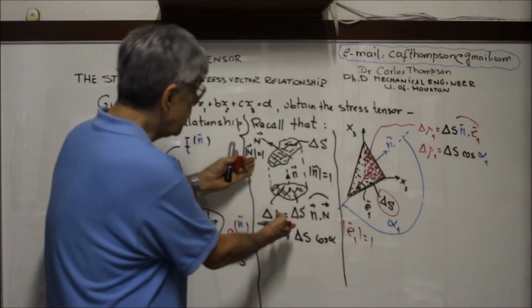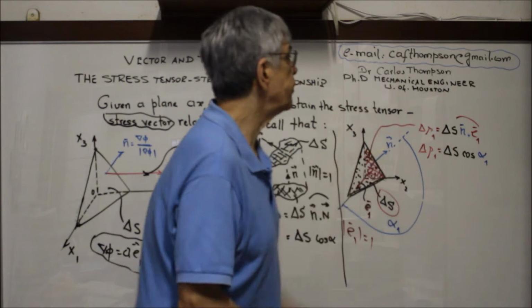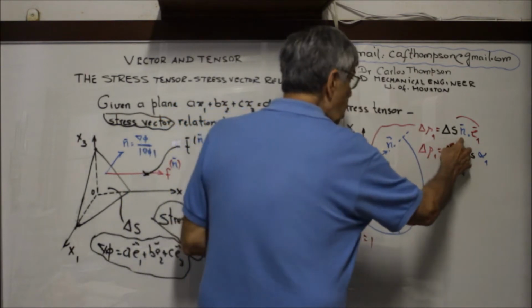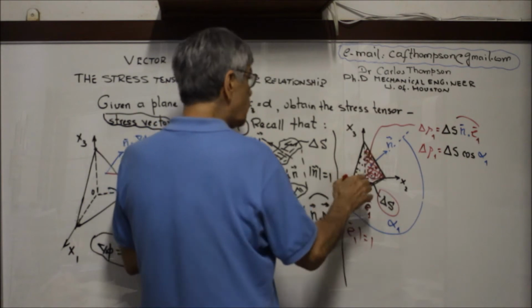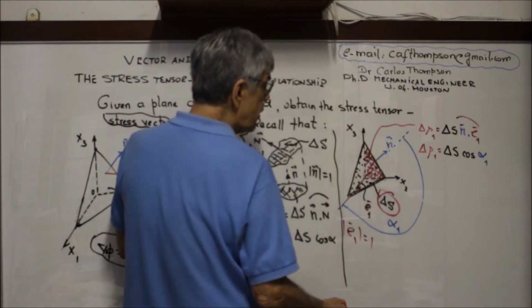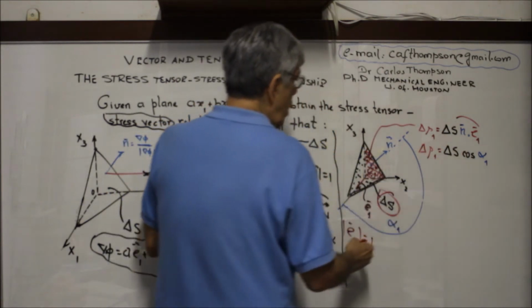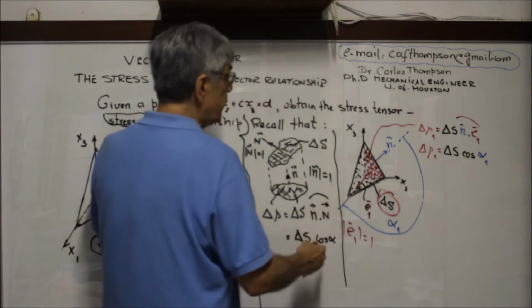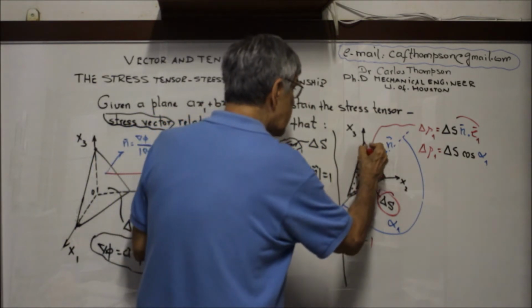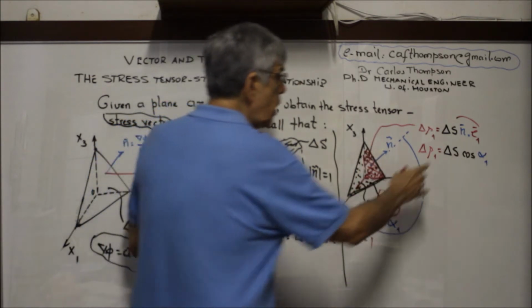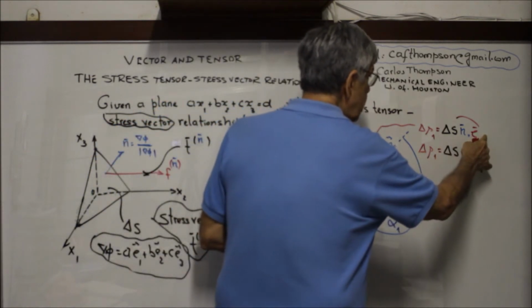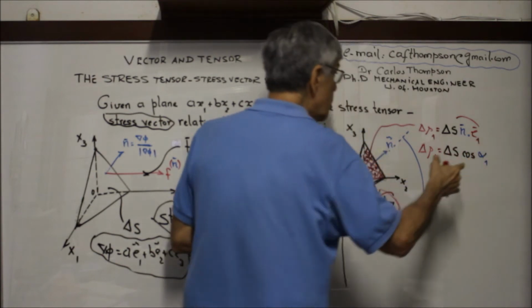It's the same here. Delta S is equal to the dot product of these two unit vectors. What is the unit vector of this big delta S? It is n. What is the unit vector of this projected area? It's E1. So n dot E1 will be the cosine of what?